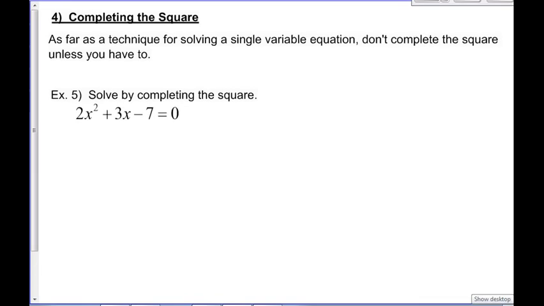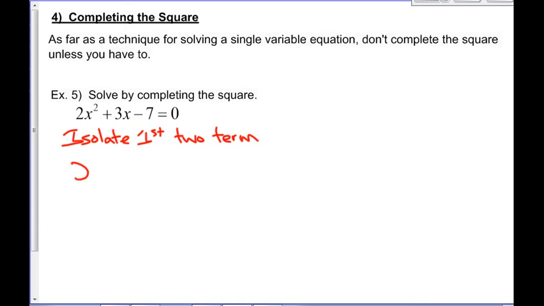Let's take a look at this example to get the idea of the technique. Different teachers will do this in different orders, so if this looks subtly different, that's okay. It's still the same basic idea. So what we're going to start by doing is isolate the first two terms, the a and b.